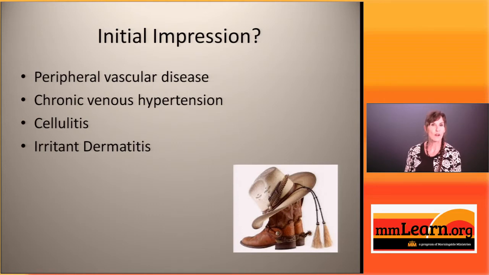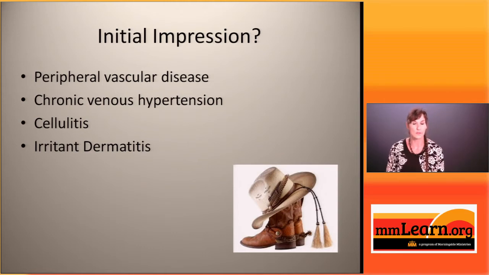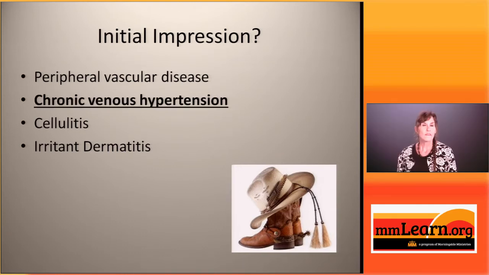Could this be chronic venous hypertension? There is a lot of discoloration in his legs. Do you think this could be cellulitis or infection of the soft tissues? Or perhaps we are looking at something called irritant dermatitis. This is a patient with chronic venous hypertension with stasis dermatitis.